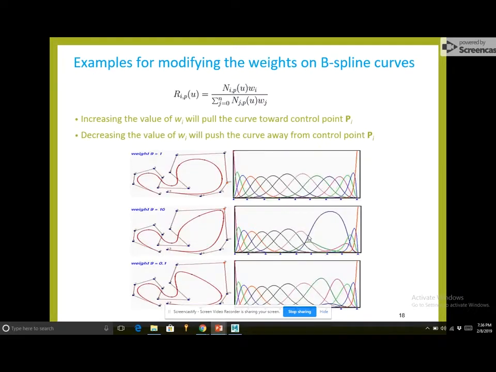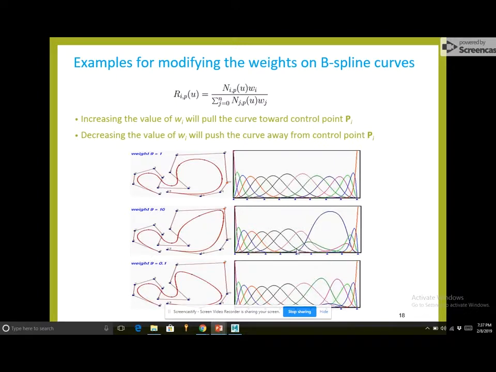So let us look at some more examples of the same concept. Here we can see the weight is 1, and this is how the curve is, and the corresponding basis function. And in this example, the weight is drastically increased, that is, the weight is 10.